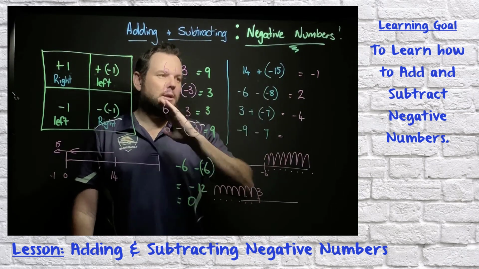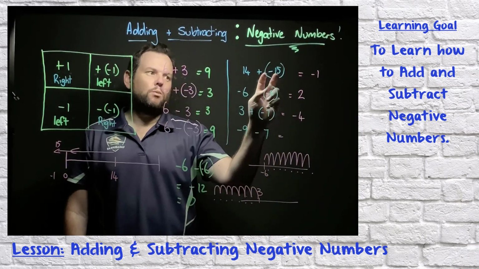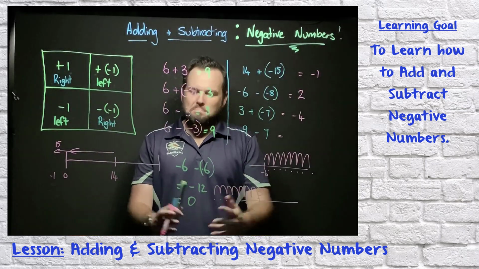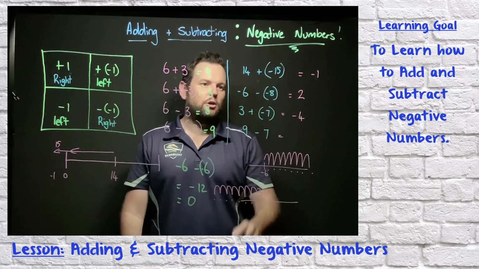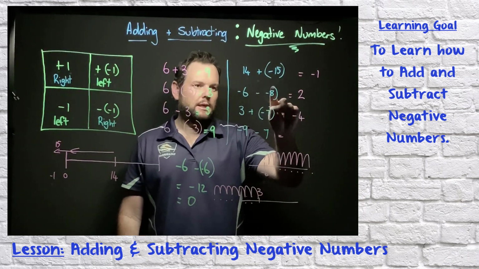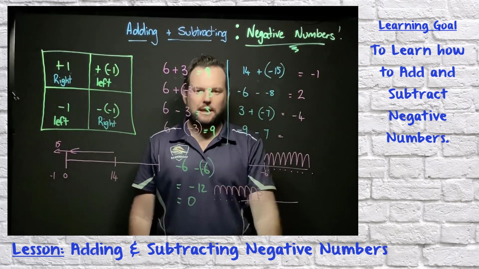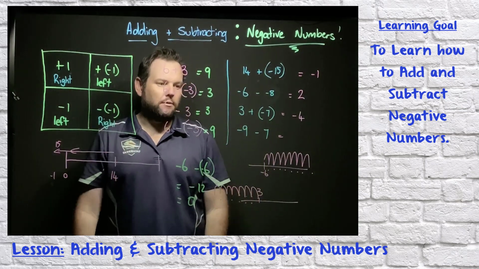But any digit continuing in an expression that is a negative, the textbook will put it into a bracket. Some people don't use brackets at all for negative numbers, and that's fine. You could just have -6, and then take away -8. It means exactly the same thing. We use the bracket there though to try and make it less confusing.